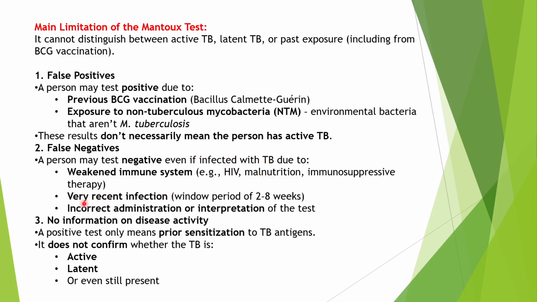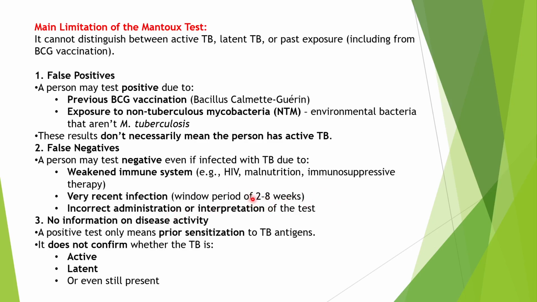And also very recent infection, if the infection is very recent, then also you can get a false negative, because it has a window period where enough bacteria should be there to invoke the immune response, or the immune response has to be activated. So the window period for testing for TB is 2 to 8 weeks.